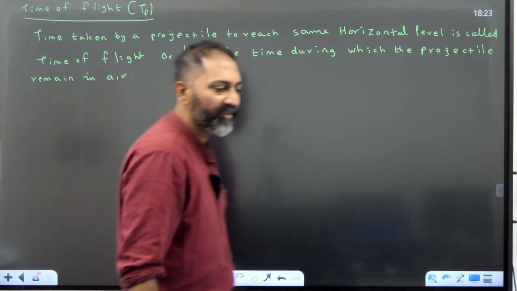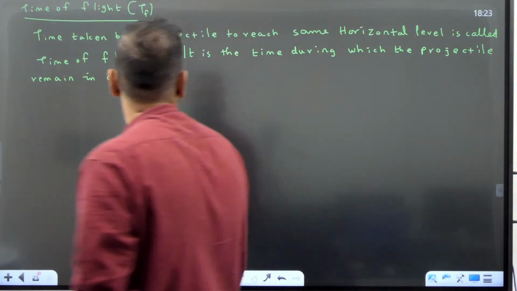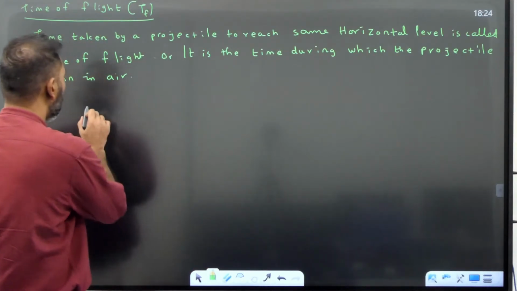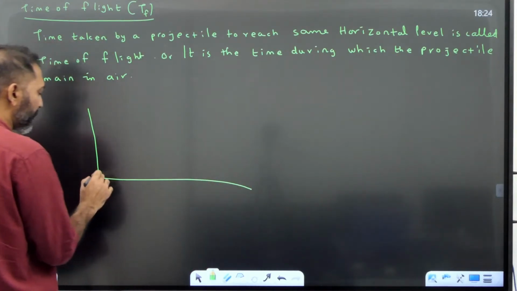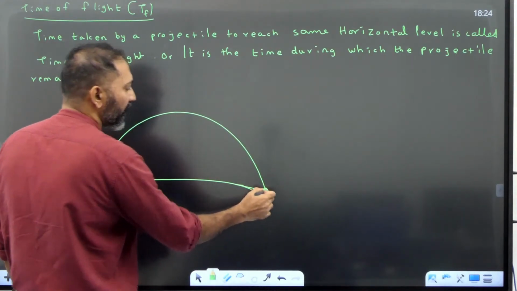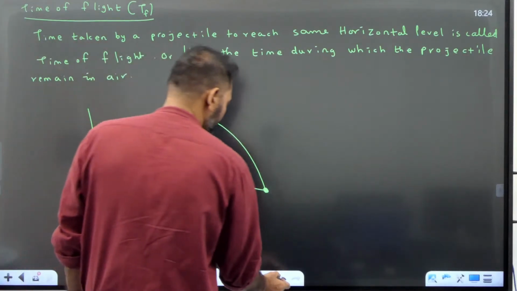Time during which the projectile remains in air, or time taken by a projectile to reach the same horizontal level, is called time of flight. See, I am throwing the projectile from this horizontal level. Time taken by the projectile to reach the same horizontal level is called what? Time of flight. I hope you understood.